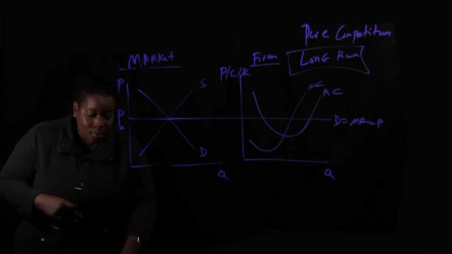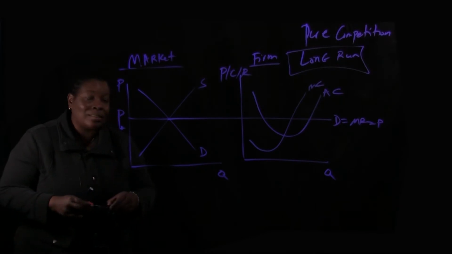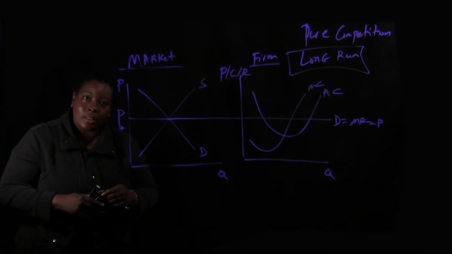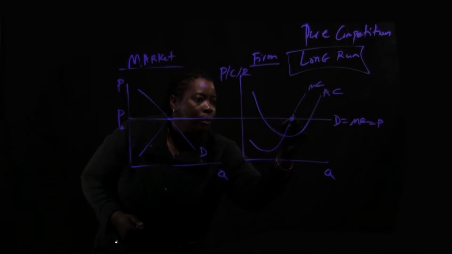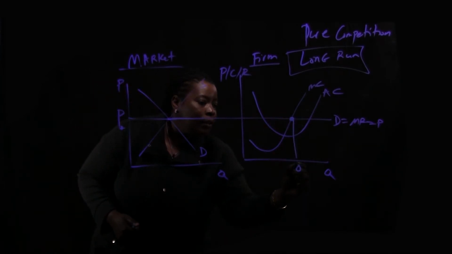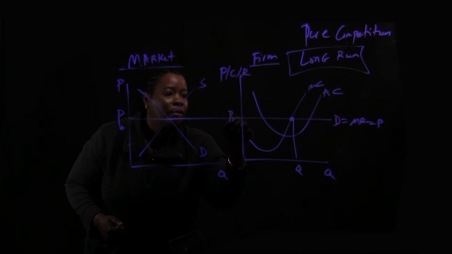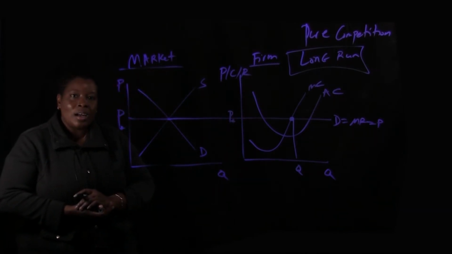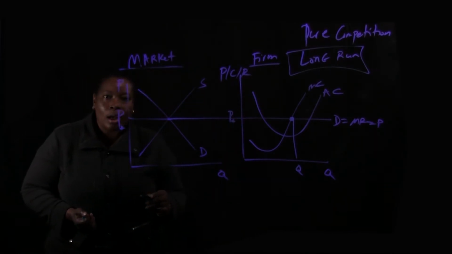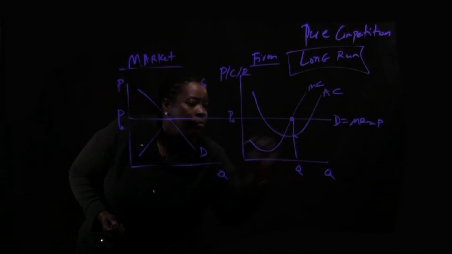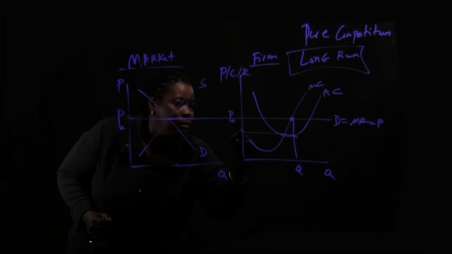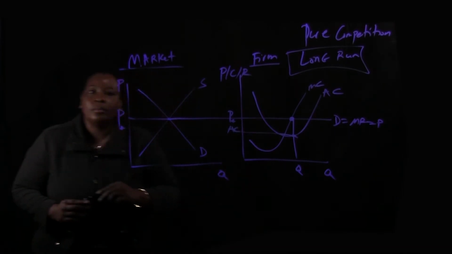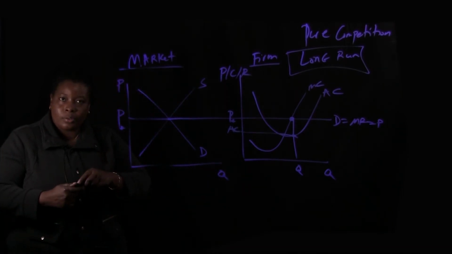We start where profits are maximized. MC is equal to MR. So we start right here. This is your quantity. That is your price. What is the cost? Well, the cost is right here, where the quantity hits the AC. Here it is. So that firm is making profits. Yeah?